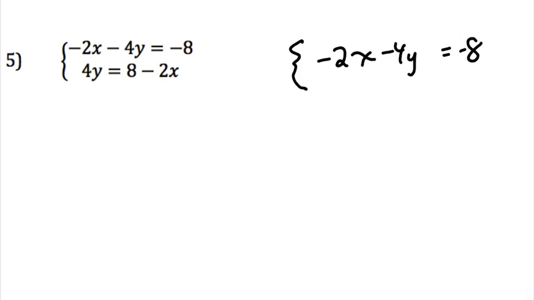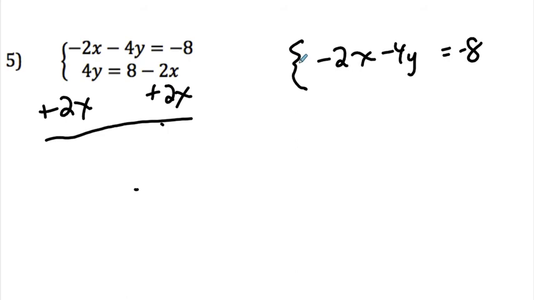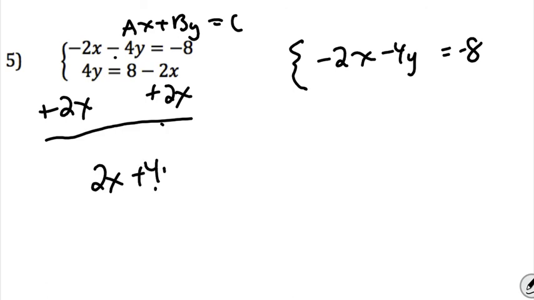Now, coming back over here, I have to add 2x to both sides because it's not in standard form. Remember, we want this to be in the form ax plus by equals c. If it's not in that form, we need to put it in that form to start off with, okay? So I'm left with 2x plus 4y equals 8.